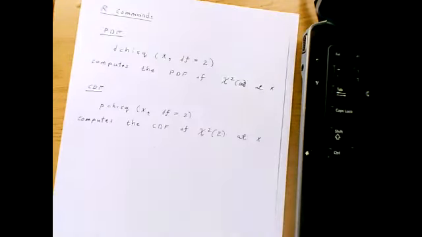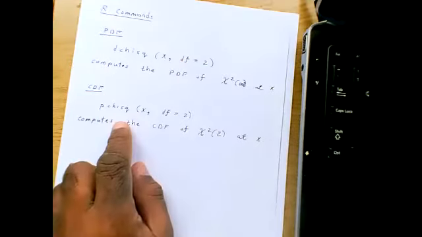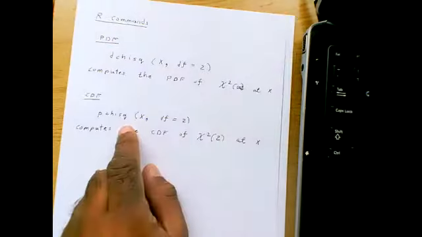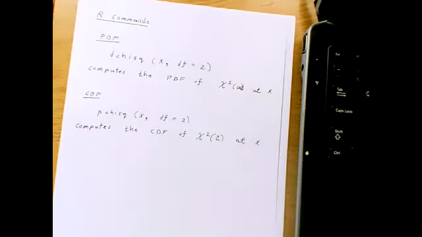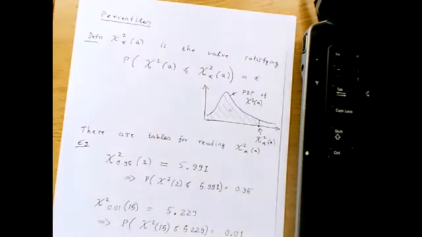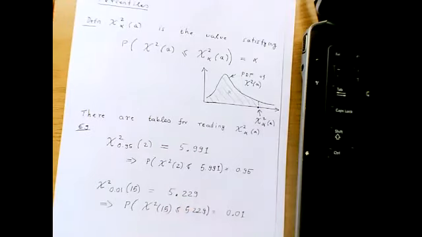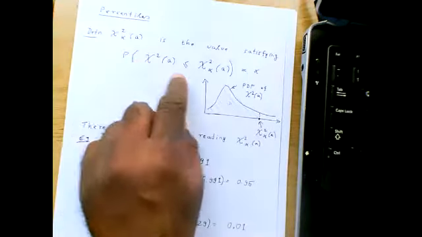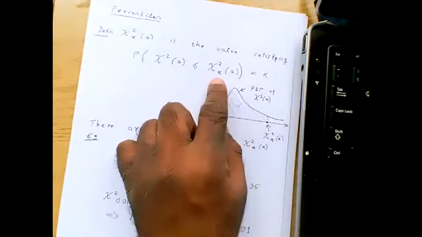And these are the commands in R for computing the PDF, the density function, and the CDF, the cumulative distribution function. I'm going through this quickly because I asked you to watch this beforehand. The percentile of a chi-squared is denoted by this.